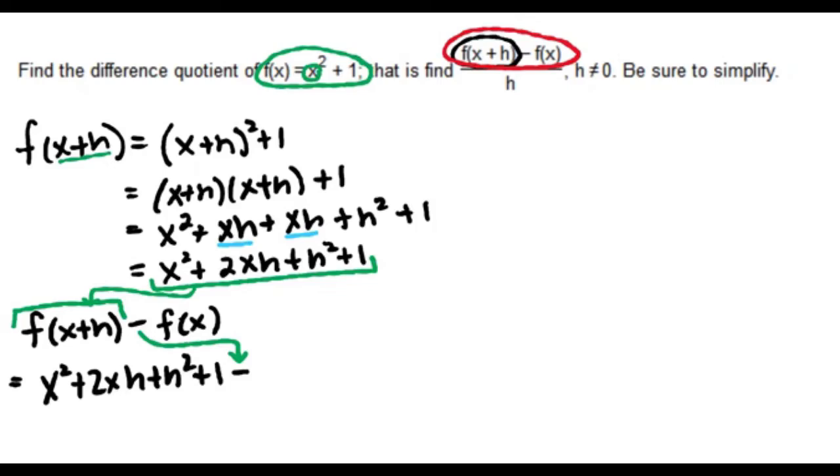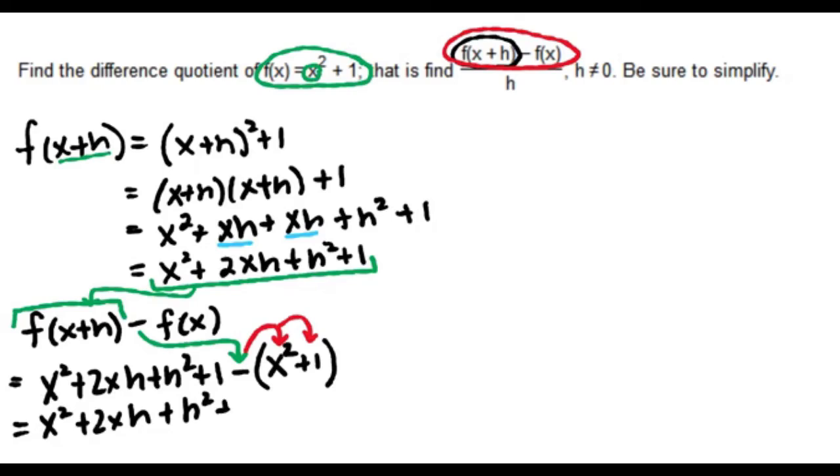I want to subtract that function, x squared plus 1, but I want to make sure I subtract the whole function, so I'm going to put parentheses around it. And now we want to simplify. So I'm going to distribute that negative to both terms in the parentheses, and that gives me x squared plus 2xh plus h squared plus 1. And now using that distributive property, I have minus x squared minus 1.